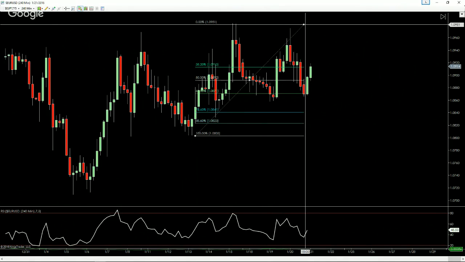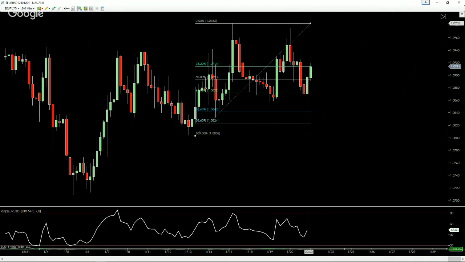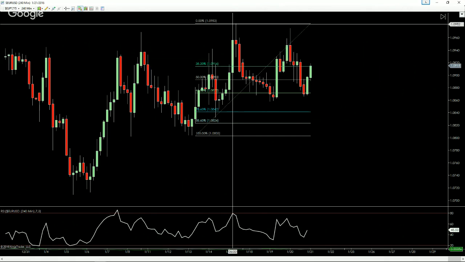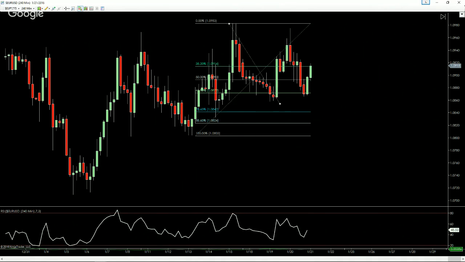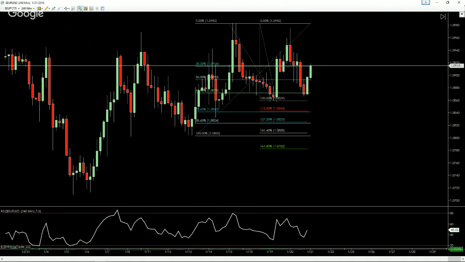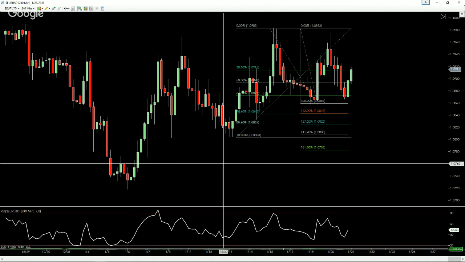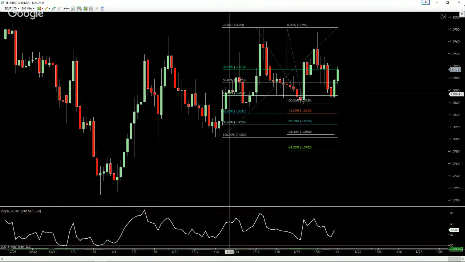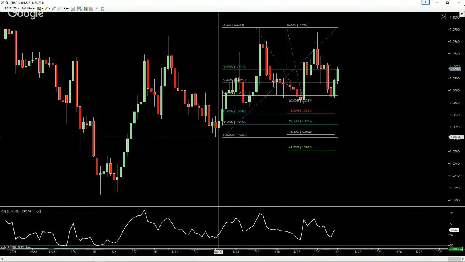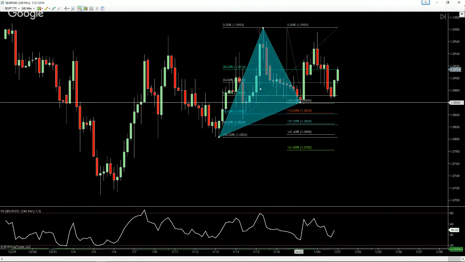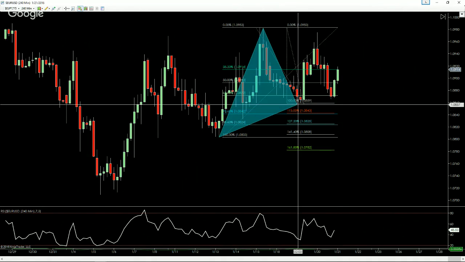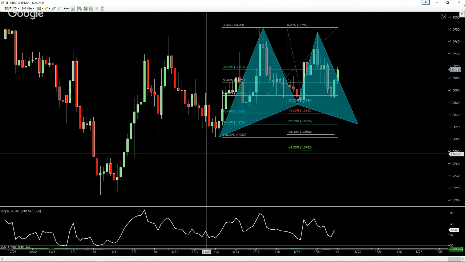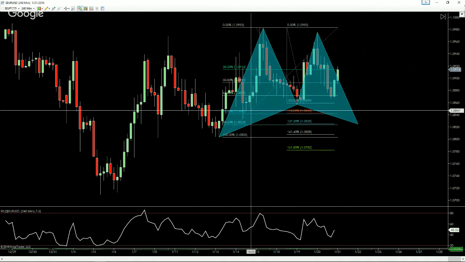Have about the same as yesterday. It's looking like there is a Gartley pattern right there. So there's a possible Gartley pattern on the 240.